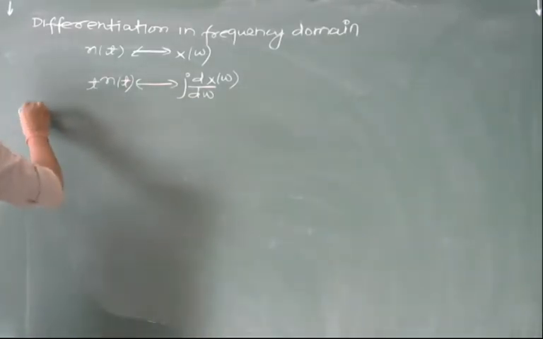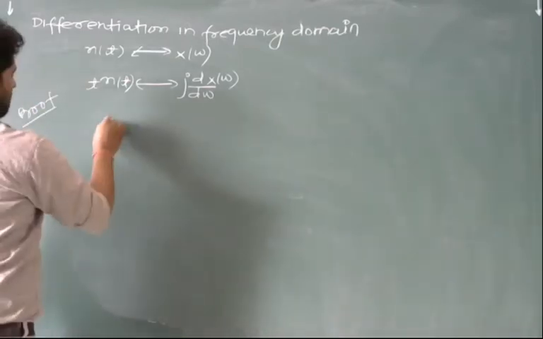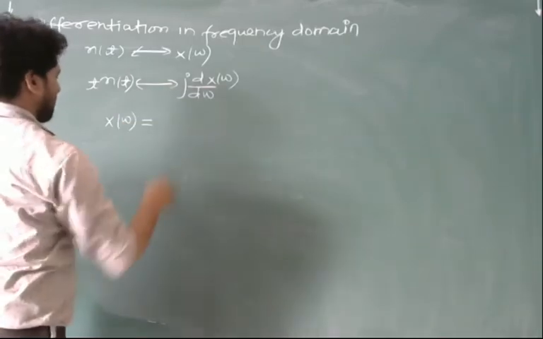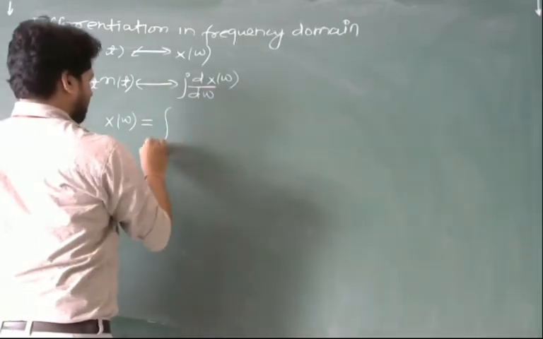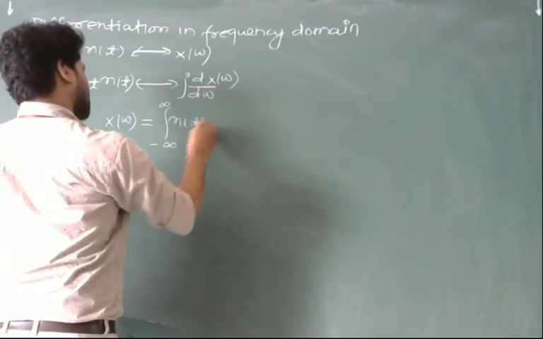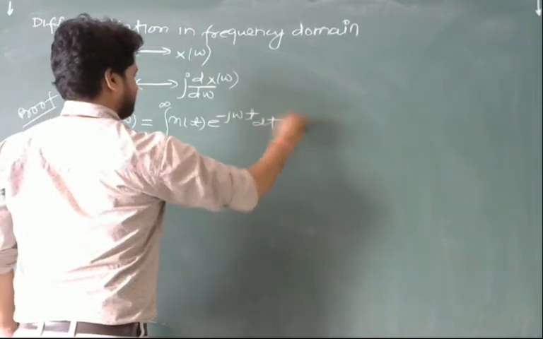Consider the proof. We know that the Fourier transform of the signal x(t), which is equal to X(omega), can be written as integration from minus infinity to plus infinity of x(t) e power minus j omega t dt.